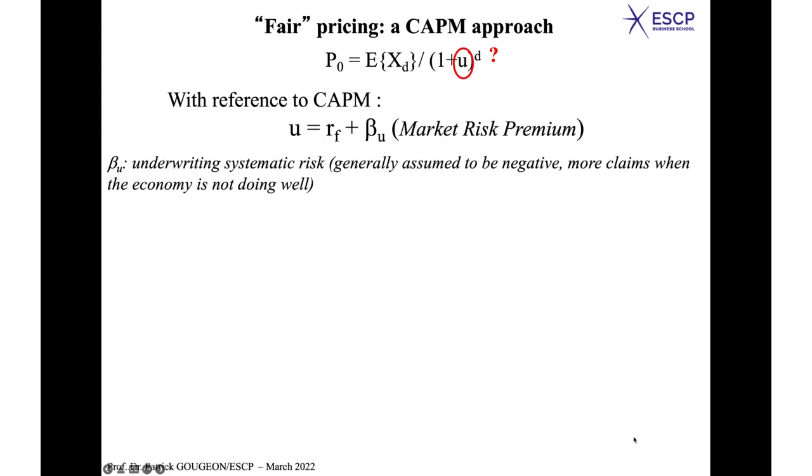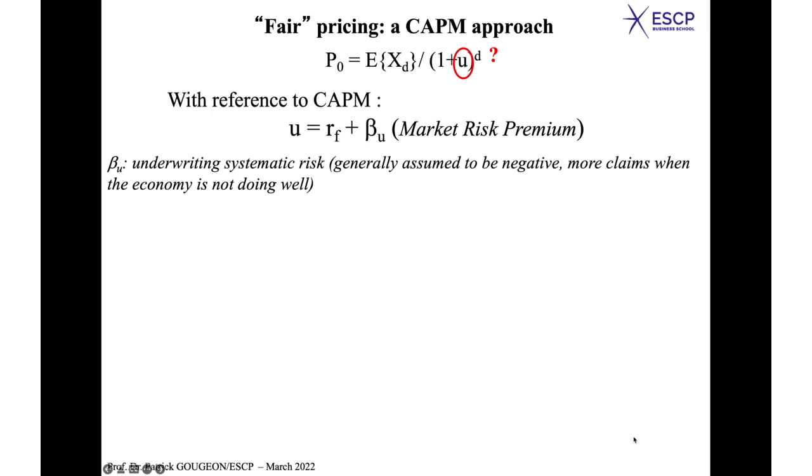If you refer to the CAPM, it should be the risk-free rate plus a market risk premium times beta U, beta being the systematic risk. Okay. Beta U is a concept called the underwriting systematic risk. And it is generally assumed to be negative because you have more claims when the economy is not doing well.